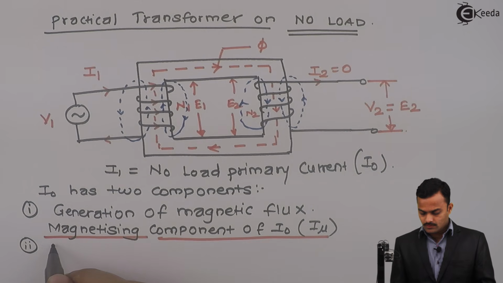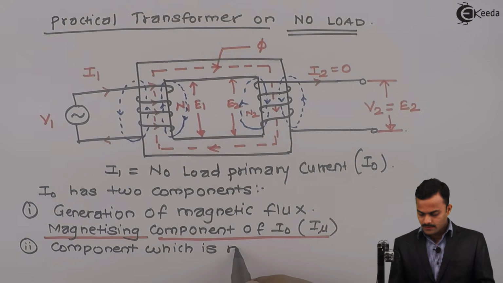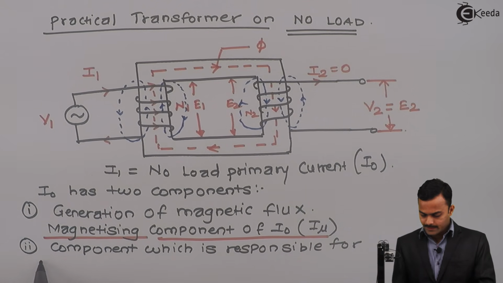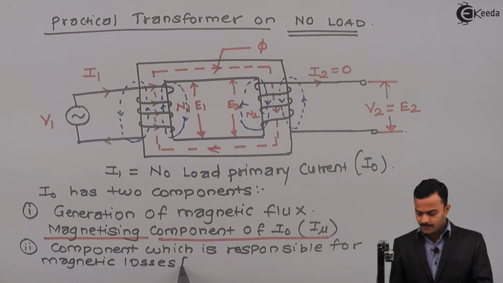So the component which is responsible for magnetic losses, what are the magnetic losses happening?